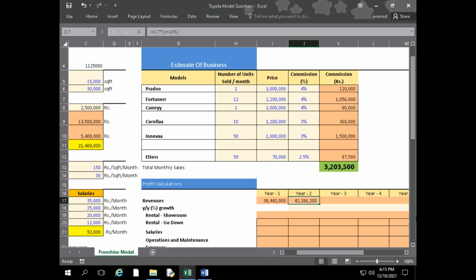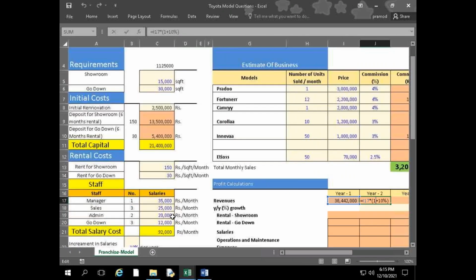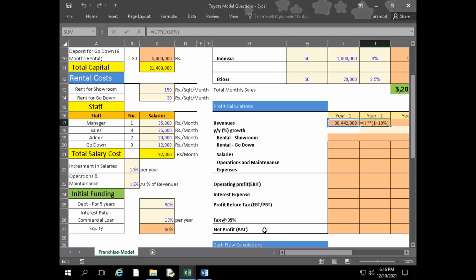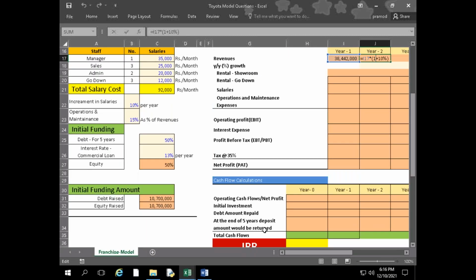Sir, 38 lakhs, that amount into previous amount. 3 crore 84 lakh 42,000. Sir, we have to do that for growth only, no, sir? In the next year you should find out the growth. So they are telling to find the year growth from the first year itself.